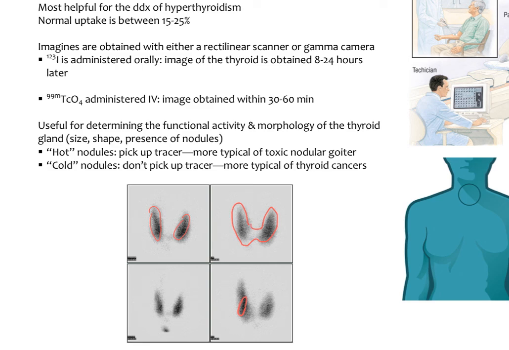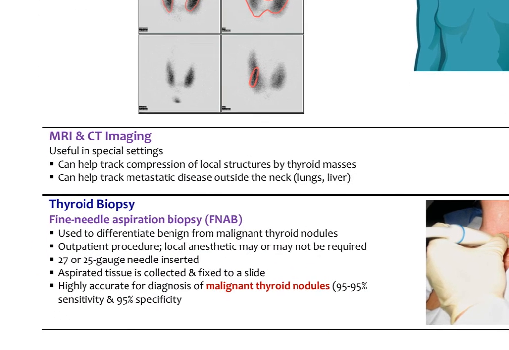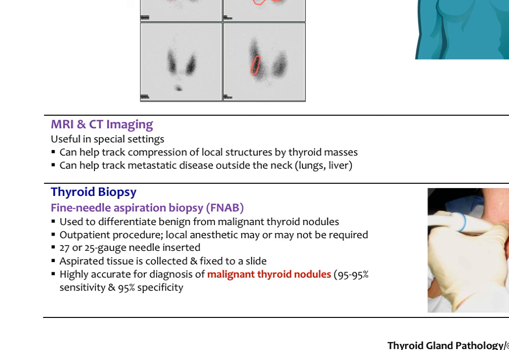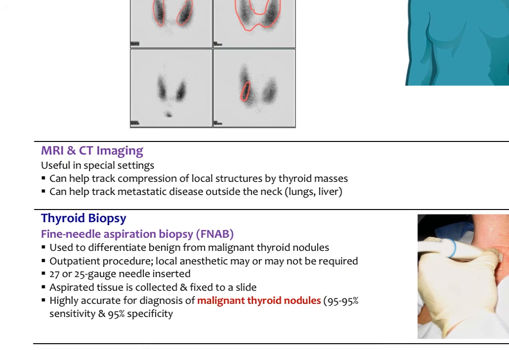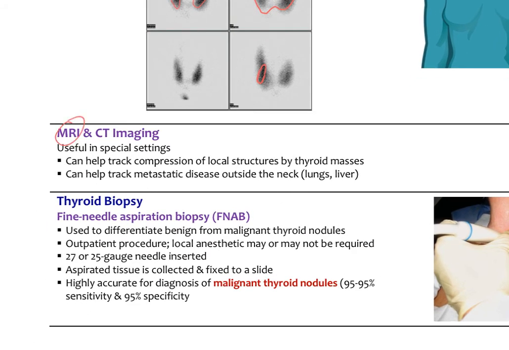Okay, so that's RAIU, and then we can use MRI and CT. That's going to be more helpful if there's concern of any complications of Graves' disease, where we get the exophthalmos, the orbitopathy, with fat deposition behind the eyes, and MRI could be helpful for assessing the severity of that as well.